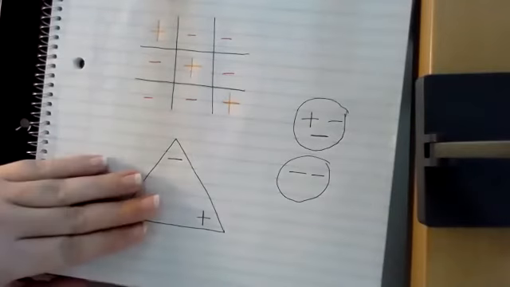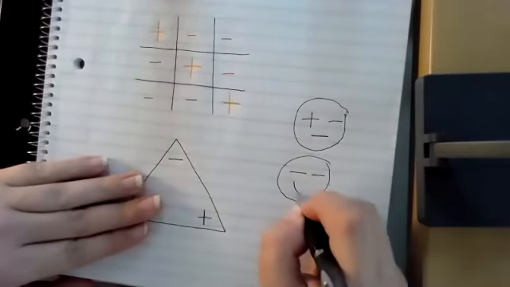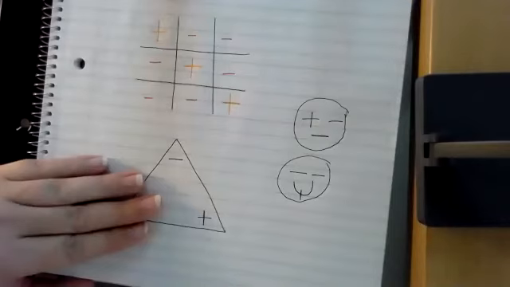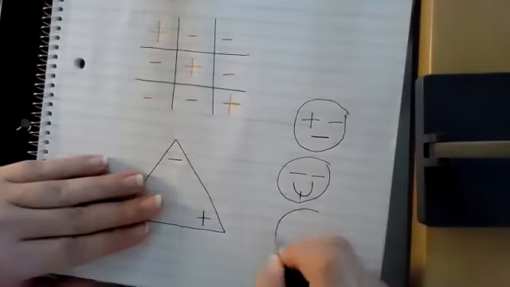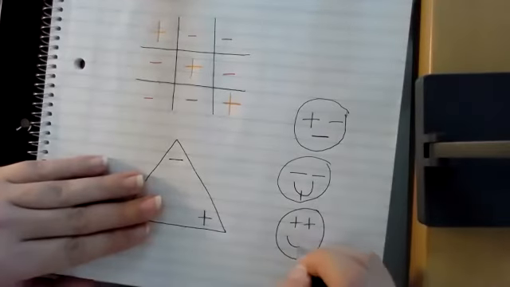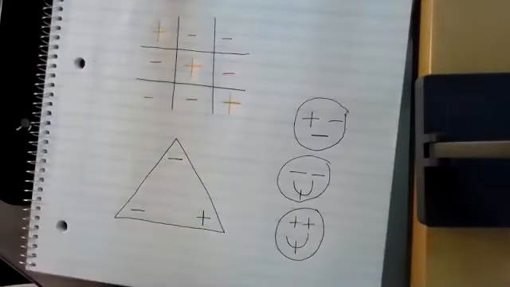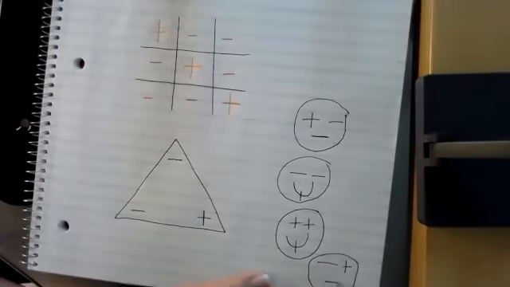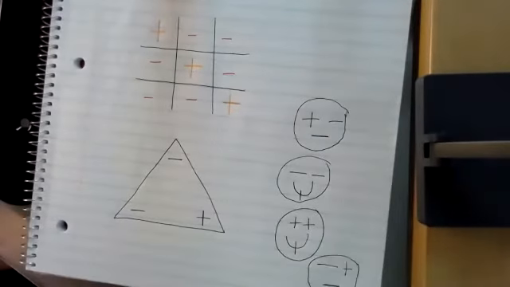He's sleeping. So he has a positive smile. Just go with it. This guy looks happy. So he has a positive smile. And then this guy looks like he's had a rough day. So he's got a negative smile. Okay.